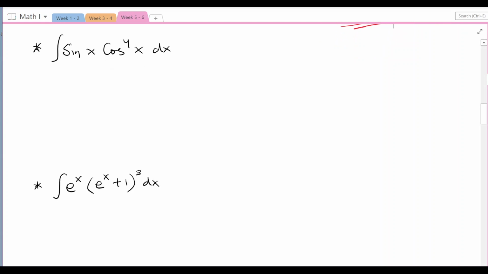Integral of sine x times cos x to the power of 4 with respect to x. Again, in this case you just have to choose which one is best representing our u.